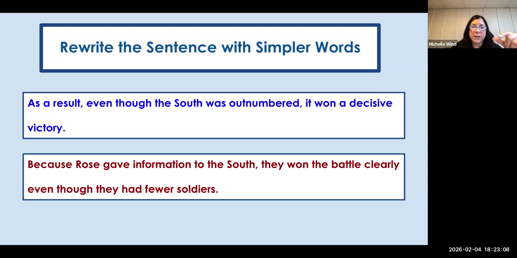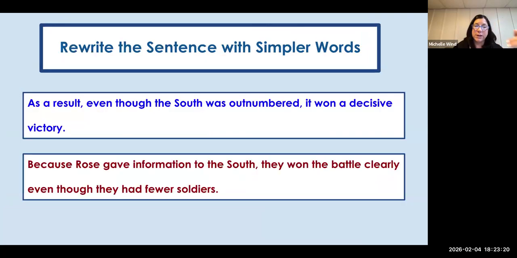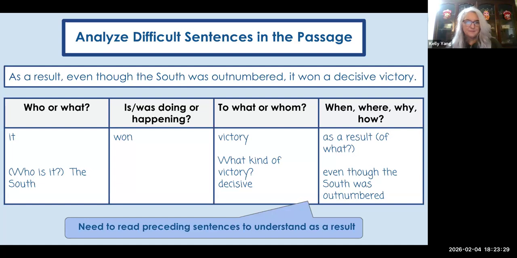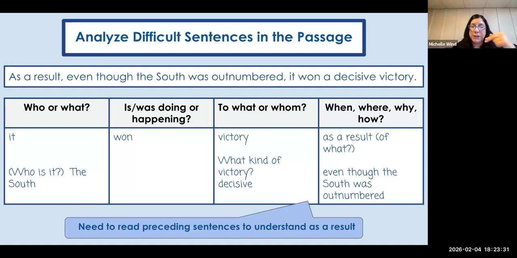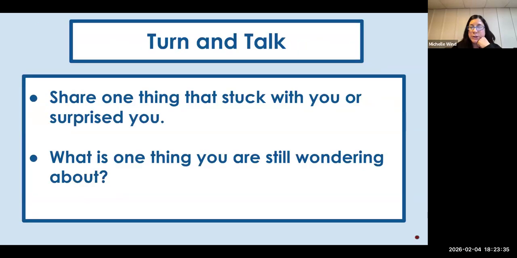What's great about this is you could use those questions Kelly just said on this slide, and prompt them with those questions to have them paraphrase each part to get this. So it really breaks down how they can break down the sentence. So you can use those questions to have them rephrase each piece of this and then put it into their own words. So I think we're finished just in the nick of time here.